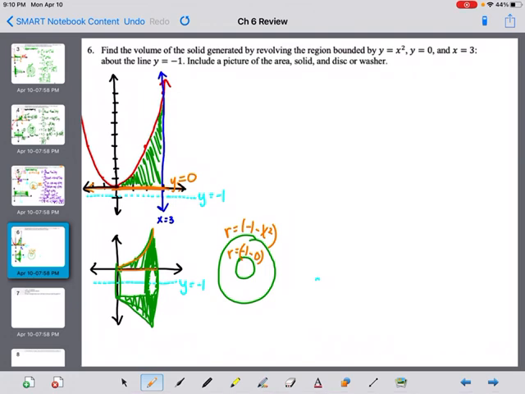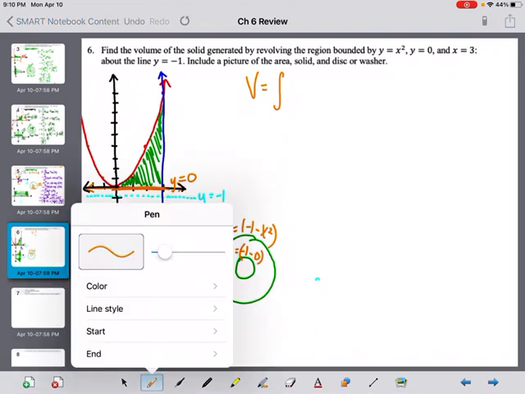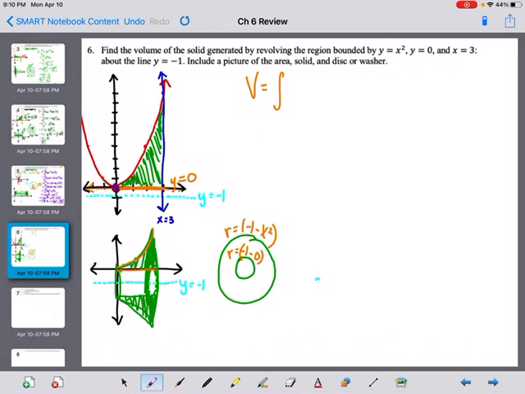Okay, so setting up our volume integral to figure out our volume. We need our limits of integration, so we have to figure out what those are going to be. Now we are integrating along our x-axis again. So where does this live along the x-axis? Well, it lives from here, 0, 0, to here, which is 3, 0.